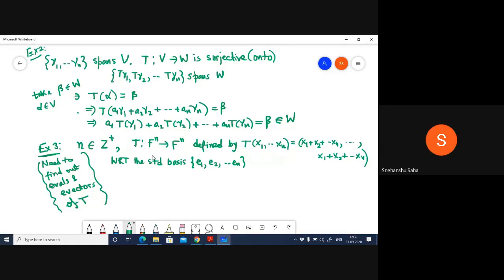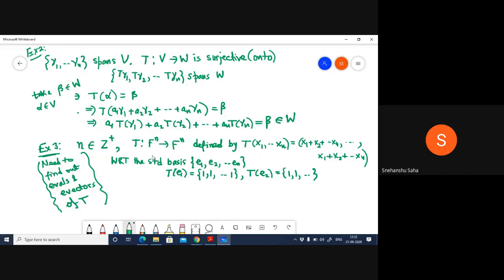Excellent. So it means no matter what you do, T of E1 is just 1, 1, 1. T of E2 is also the same, 1, 1, 1. So how do you interpret this?